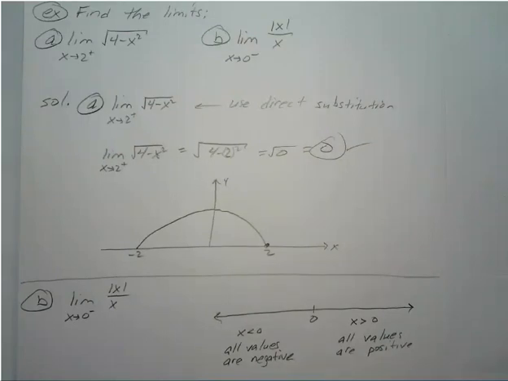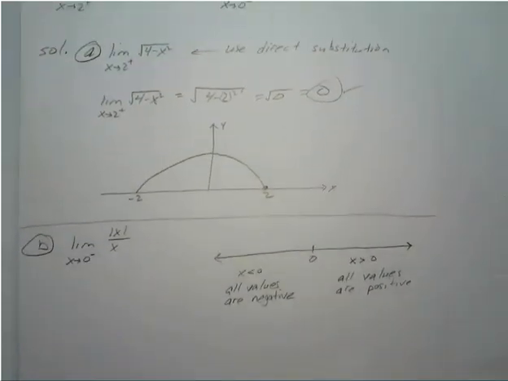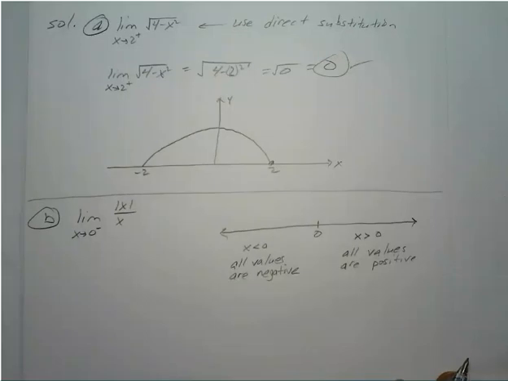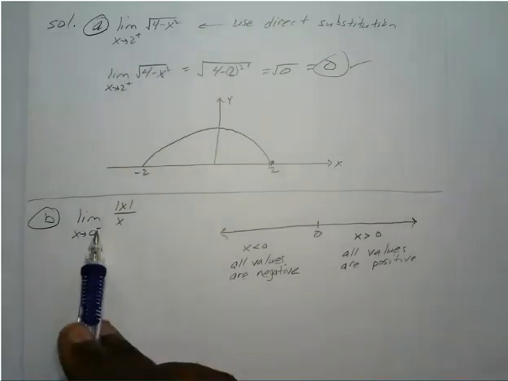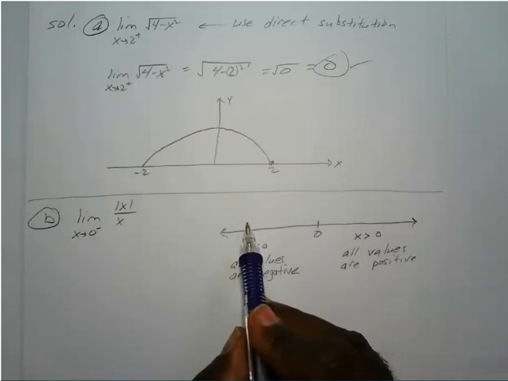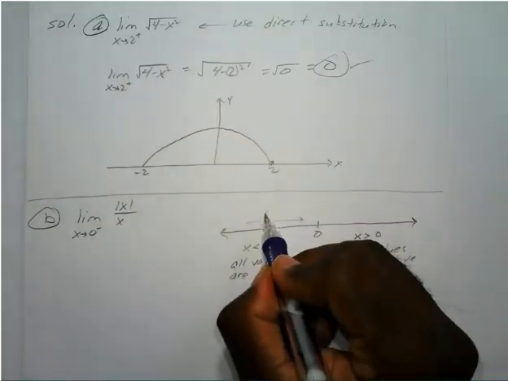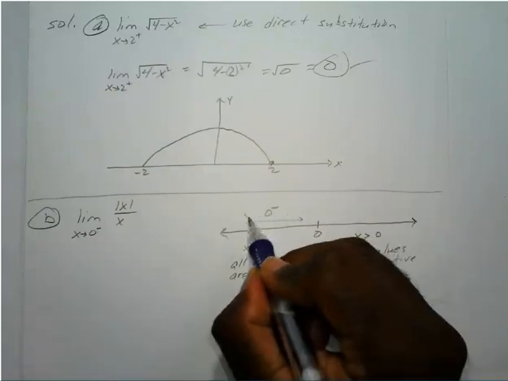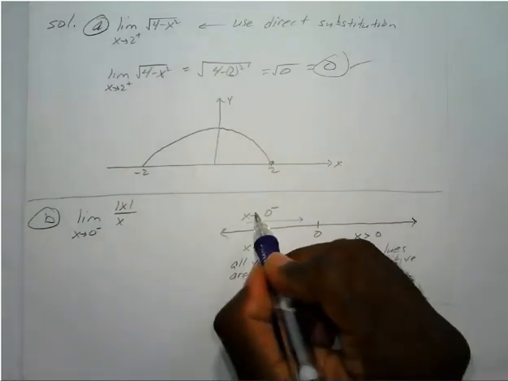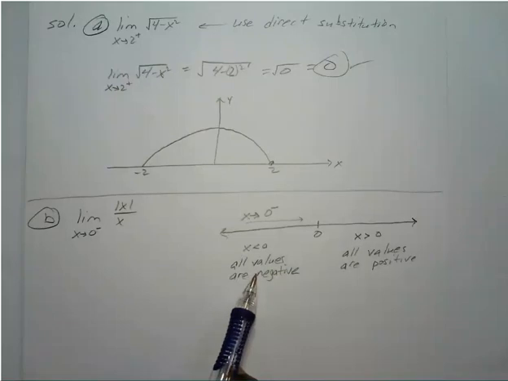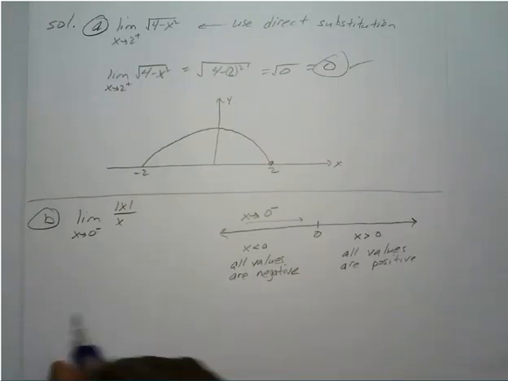Okay, so that means since x is approaching 0 from the left, it's approaching 0 from this direction. So x approaches 0 from the left, and we know that all the x values are negative. Okay, so how do we use that?